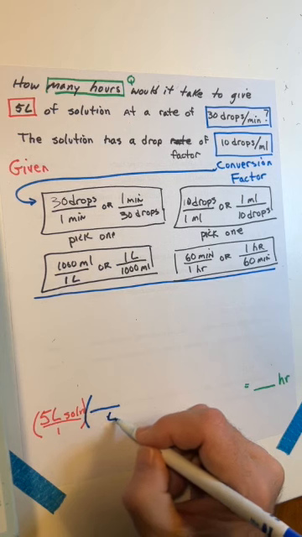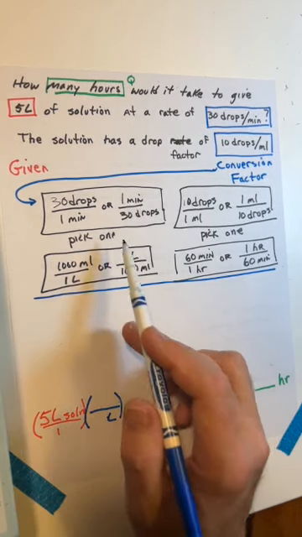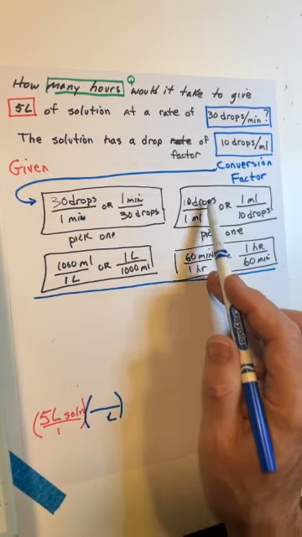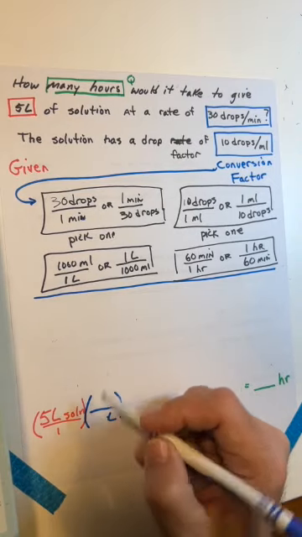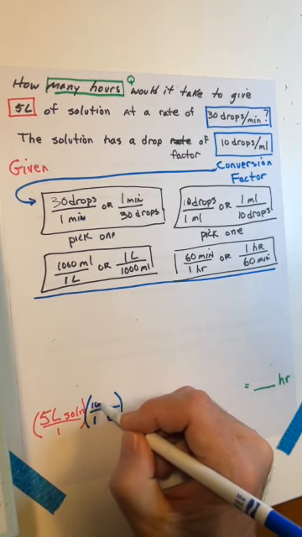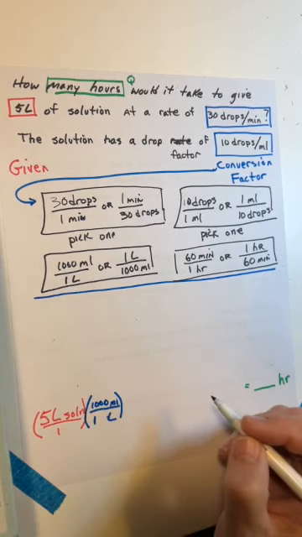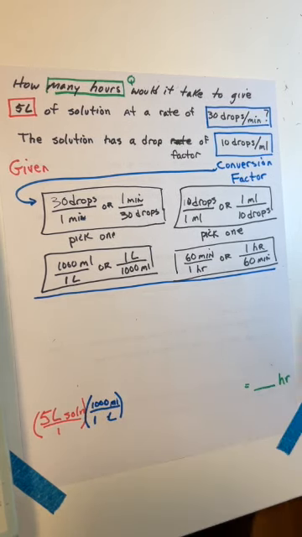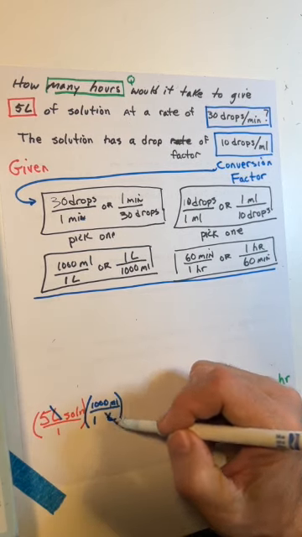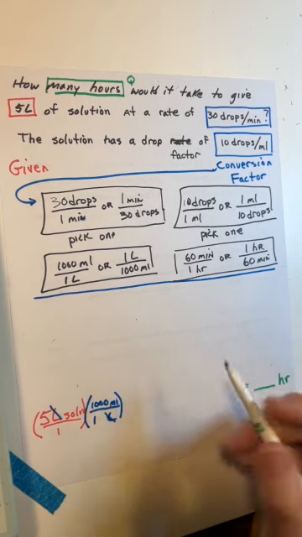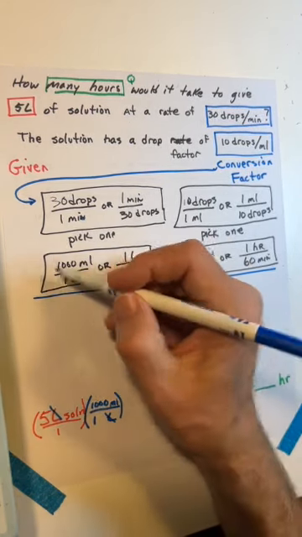We're going to put the word liter right there because liter's here. And which one has liter in it? Ah, look, there's liter right there. Liter's on the bottom, 1 liter, 1,000 milliliters. My markers are kind of bad. And look, liter's going to cancel. And then milliliter. So we use this one.